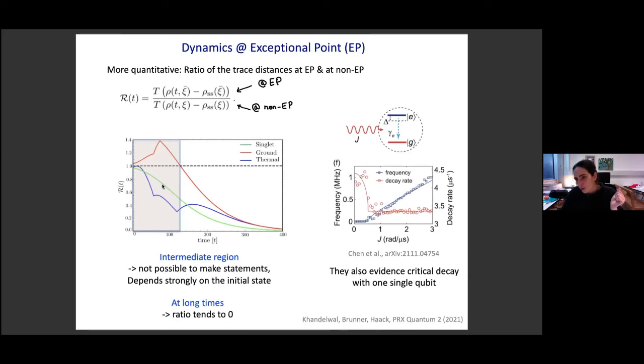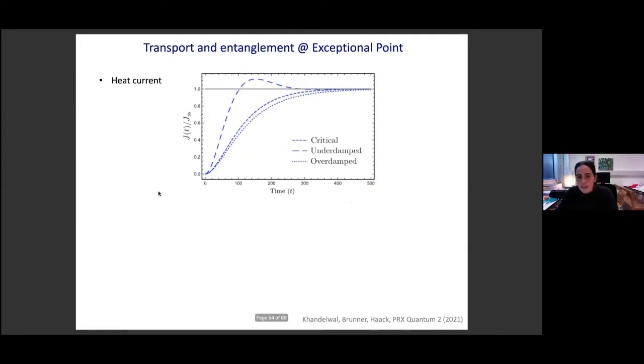Before, I only focused on the eigenvalues with 0 imaginary part, comparing the overdamped to the critical regimes. But here, I show you the heat current for all regimes. So this corresponds to having some imaginary contributions. That's why I see oscillations. And here it's overdamped, and here critical. Okay, thank you.